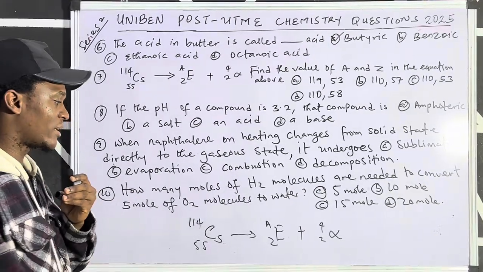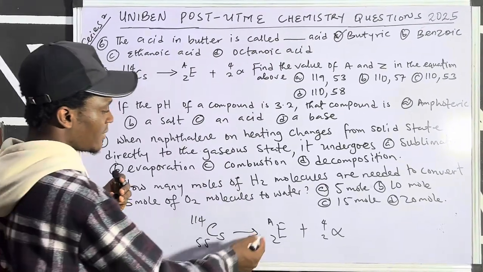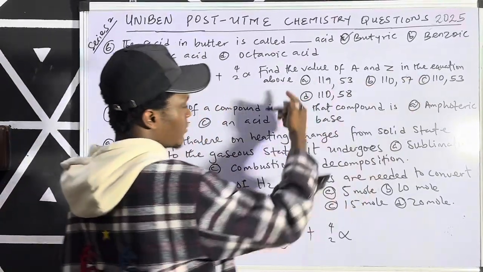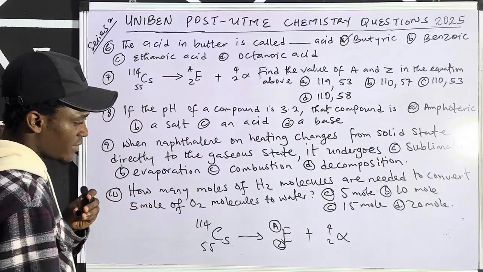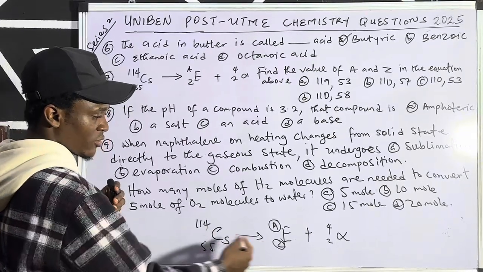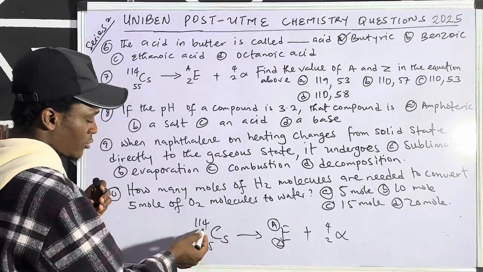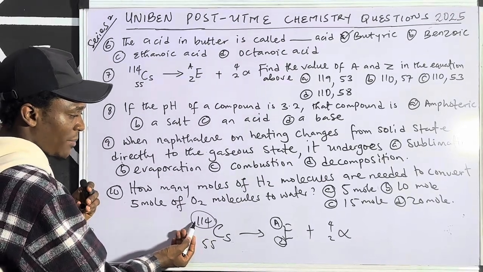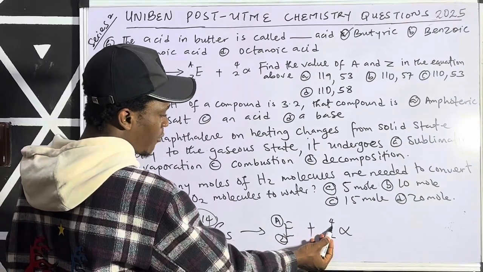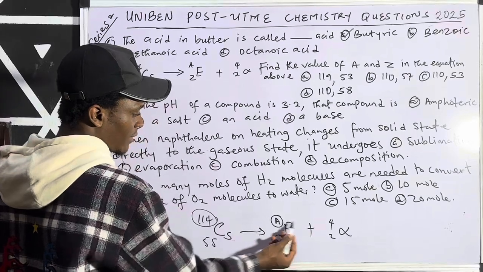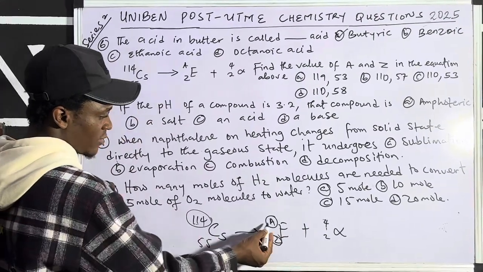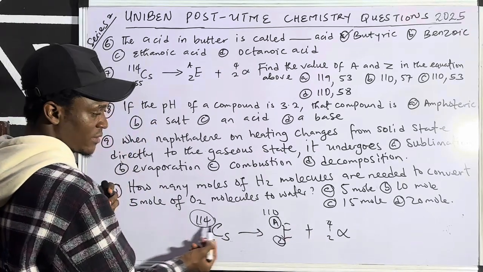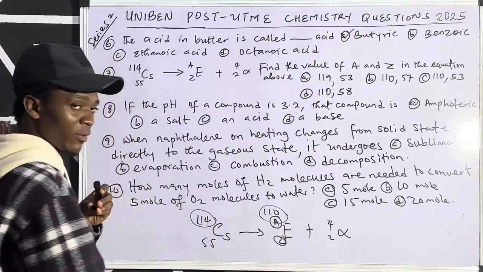We are told to get the values of A and Z. It's very easy, because all you simply do is balance the reaction. On the left, we have 114 at the upper part. The upper part of the alpha particle is 4. So what are you supposed to add to 4 to get 114? 110. So 110 plus 4 gives 114. So A should be 110.